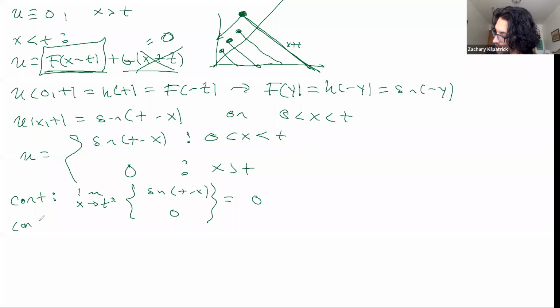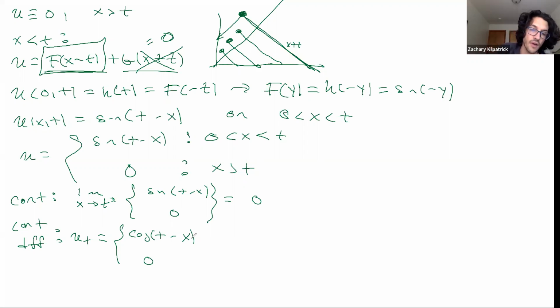Now the continuously differentiable part. You need to compute u sub t, which is going to equal 0 and then cosine of t minus x. So I can just check one of these conditions, and if it's violated, boom, then I know that I don't have continuous differentiability.